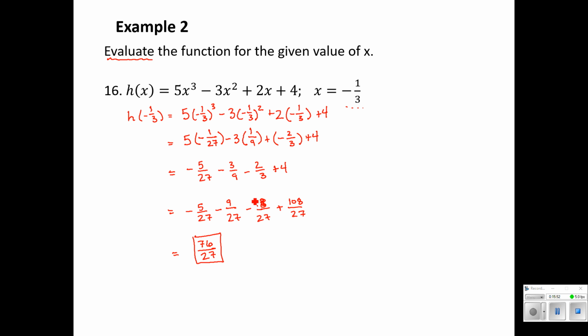Now we could use a calculator and do the math to fraction key if you wanted. Just be careful, if you were doing this in a calculator, first of all, make sure a calculator is allowed. But make sure that you would type in negative 5 divided by 27, put that in parentheses so the calculator knows how to do the division, then minus 3 divided by 9, minus 2 divided by 3, plus 4.